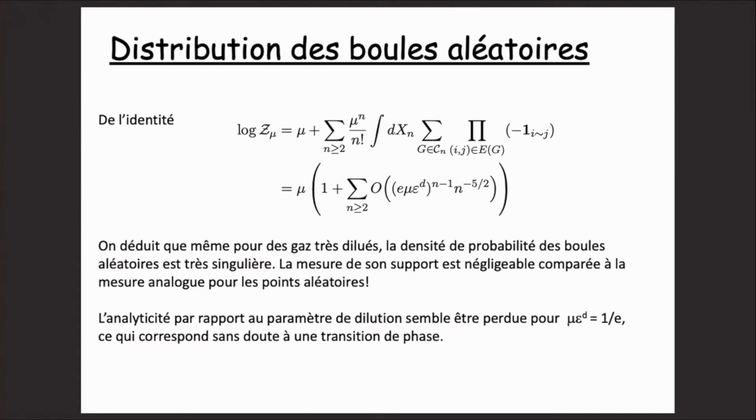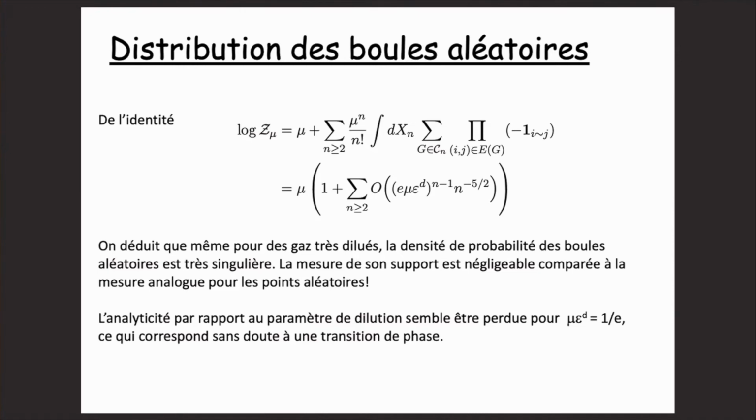So you see that actually the very important parameter in this story is e times mu, which is the typical number of particles, times epsilon d, which is the size of the particle. So this means that even though the total volume occupied by the particles is very small compared to 1, this will be convergent, because this is just like a geometric series.